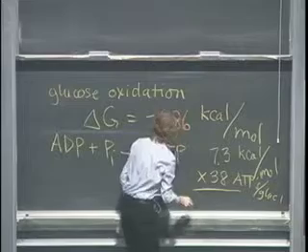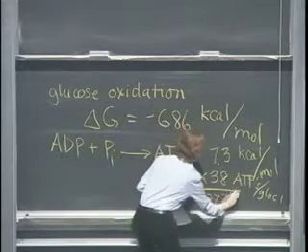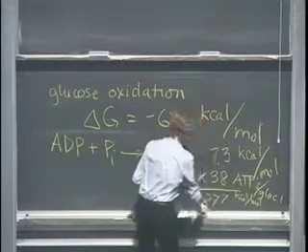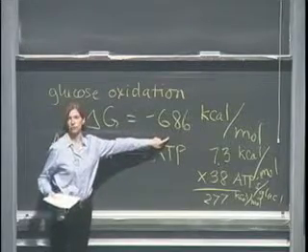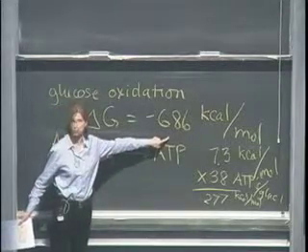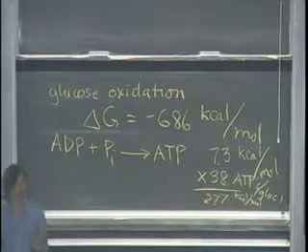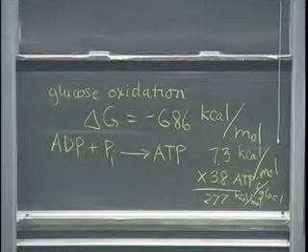Okay, and we end up with a number that's about 277. That is roughly 40% of the overall possible energy that we could get from the oxidation of glucose. So it's pretty good, right? We're actually capturing 40% of the energy of the oxidation of glucose in this process.